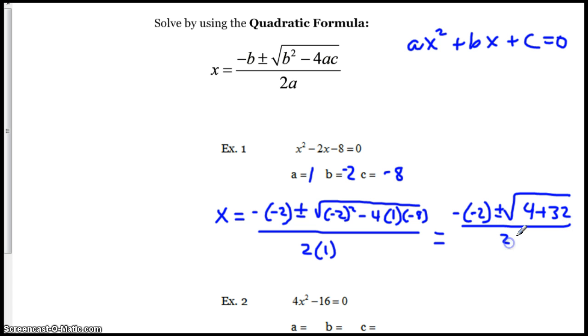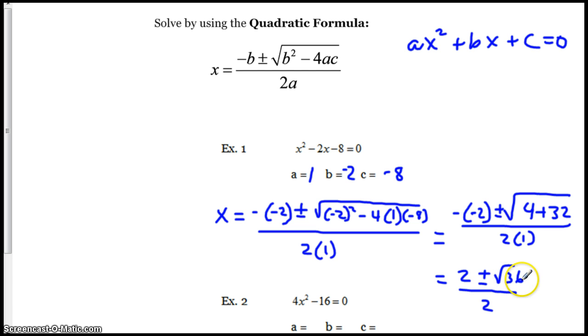All over 2 times a. Here we can keep simplifying. So 4 plus 32 would be 36. So we have the square root of 36. And we have a negative times a -2 would be 2. So 2 plus and minus the square root of 36 all over 2 times 1.